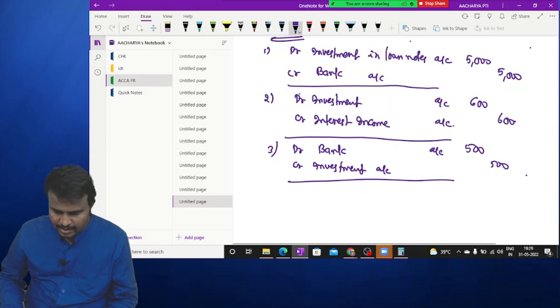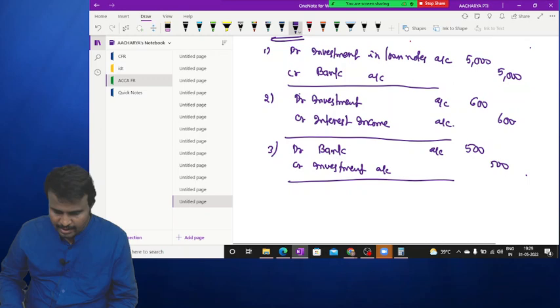Is there any specification regarding the alternative approach or recognizing the fair value through OCI? So clearly stated, if nothing was mentioned in the problem regarding the treatment of the transaction, then we follow the default approach.